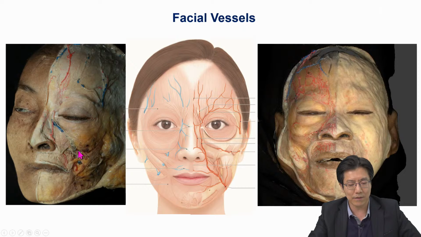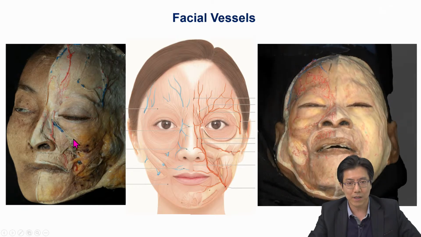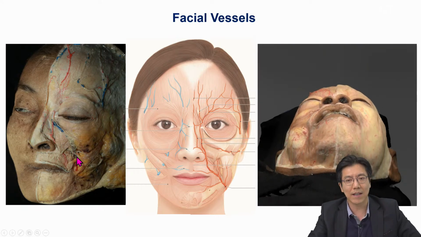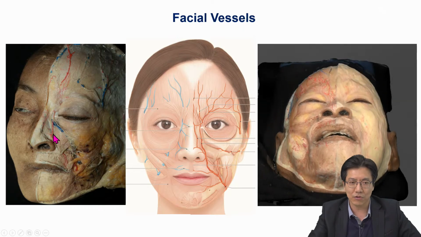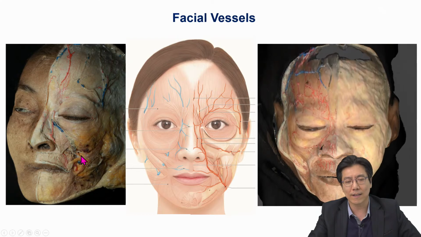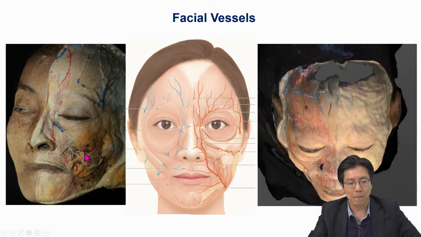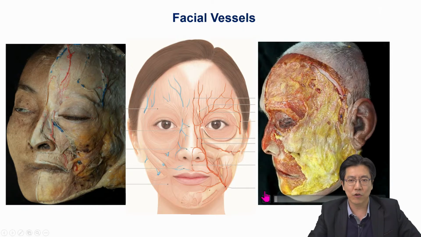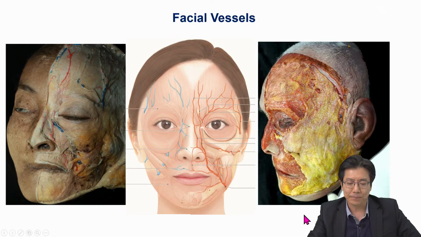However, in some areas, especially the gap between muscles, the blood vessels are not protected by the muscular structures, so they are exposed to the subcutaneous layer. So when the subcutaneous fat layer is opened, we can see the exposed vessels very easily.